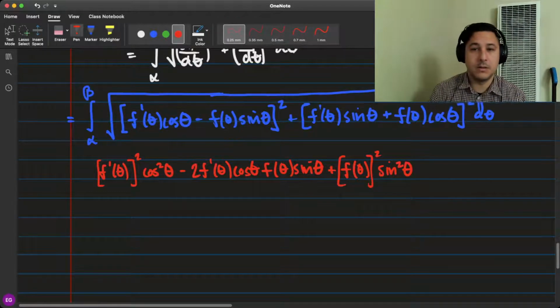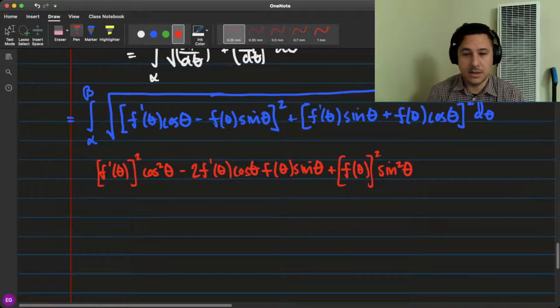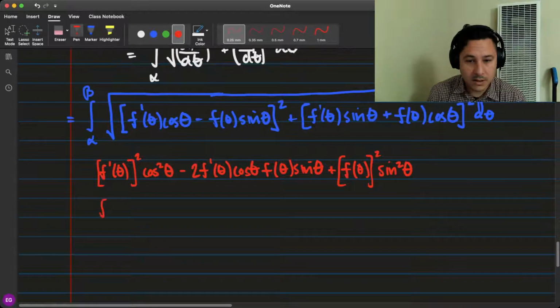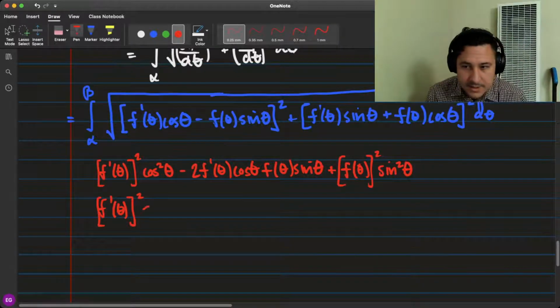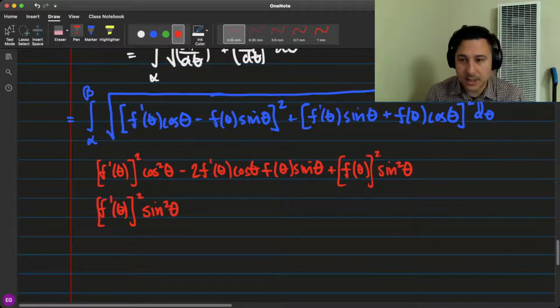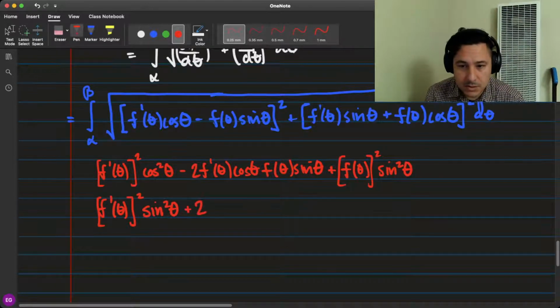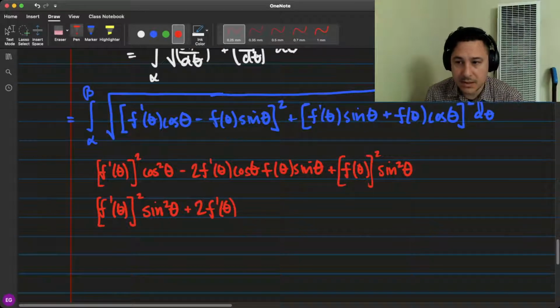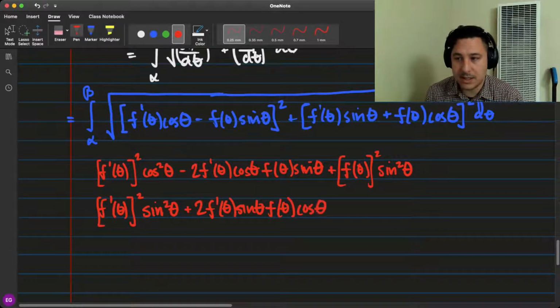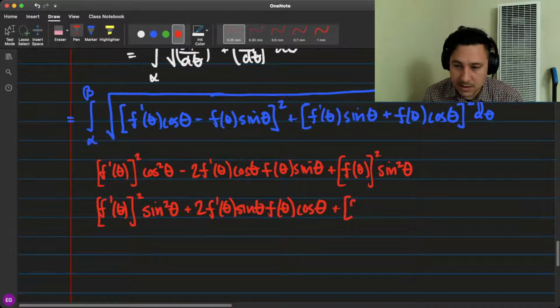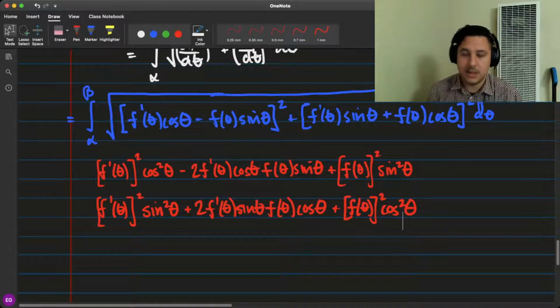Okay, now what about the other one? The one on the right. So on the next line, we're going to have f prime theta squared sine squared theta plus 2 f prime theta sine theta f theta cosine theta plus f theta squared cosine squared theta.